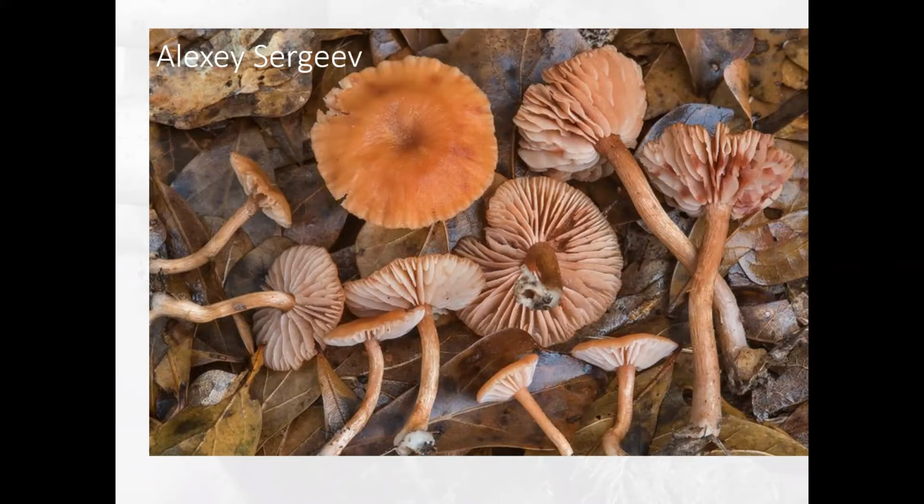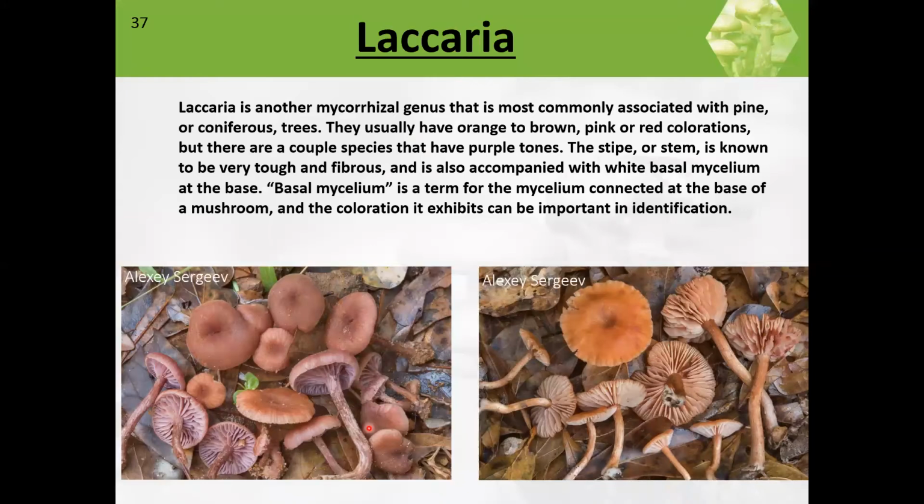So whenever you see a drab orange mushroom next to a pine with a little bit of white basal mycelium right there, chances are it might be a Laccaria. If you can zoom back up, they have tough fibrous stems, and that's another good feature to look for when you identify these.